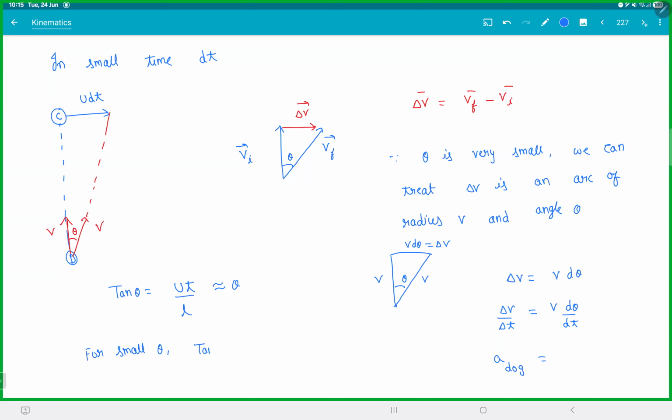For small theta, tan theta is approximately sine theta, which is approximately theta. Perfect. So we got theta here. So d theta by dt is u by L. So this is v u by L.